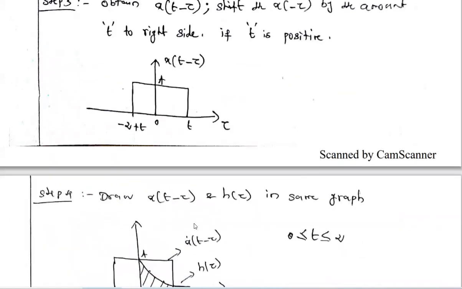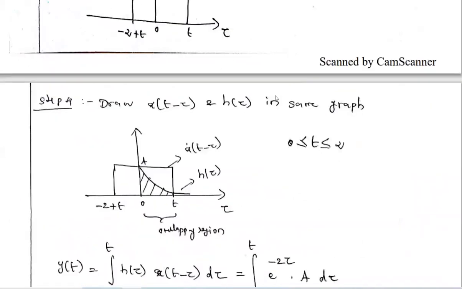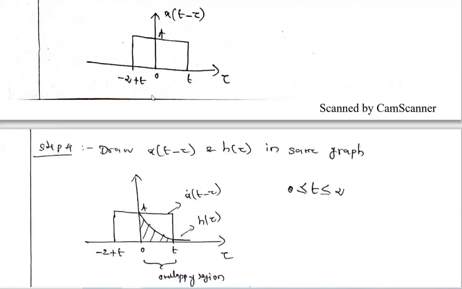What is the next step? We have to draw h of tau and x of t minus tau on the same graph sheet. This x of t minus tau you draw in a solid line, and to differentiate them you may use different color pens also. So this is x of t minus tau, from -2 plus t to t.